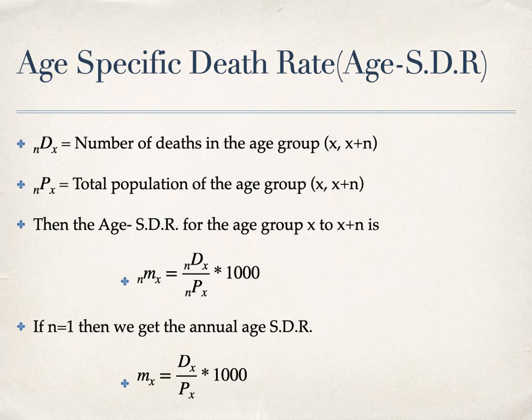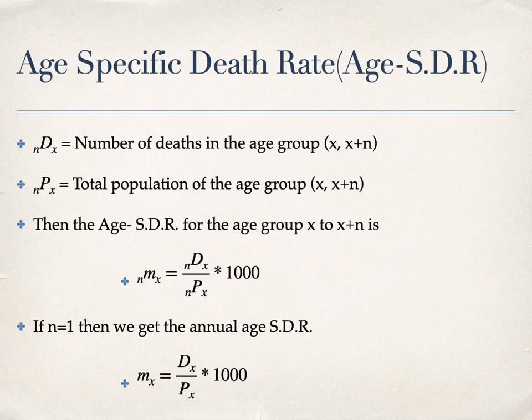So nMx, where the age period is given, is the mortality rate for the age group x to x+n, which is equal to the number of deaths in that age group divided by the total population in that age group, multiplied by 1000.